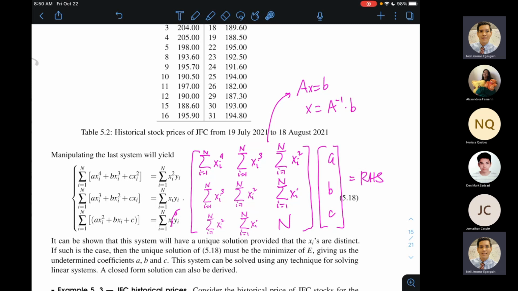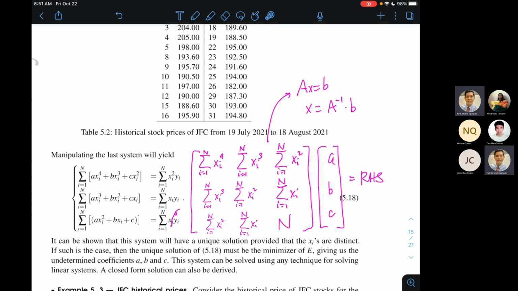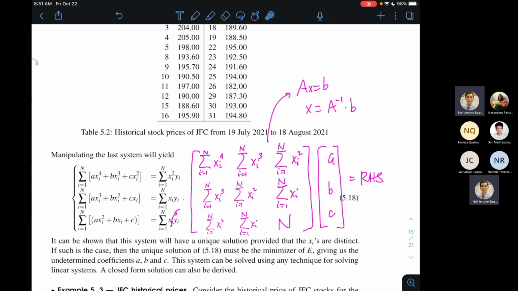But however, the function E that we are minimizing is continuous. So the extreme value theorem guarantees na meron siyang minimizer. So dapat meron siyang minimizer, isa lang yung candidate. So therefore, sure tayo na kung ano man yung masosolve natin out of equation 5.18 will give us the minimizer. Okay? So probably one good exercise is for you to try to solve this system based on these values.